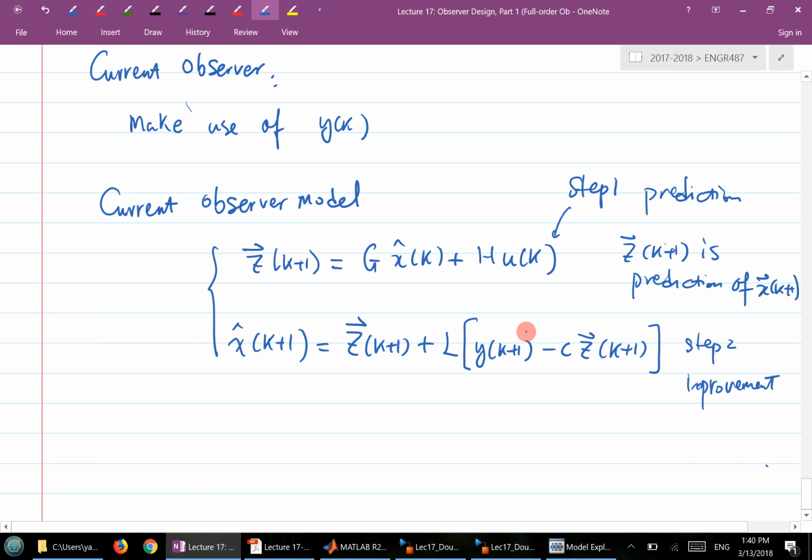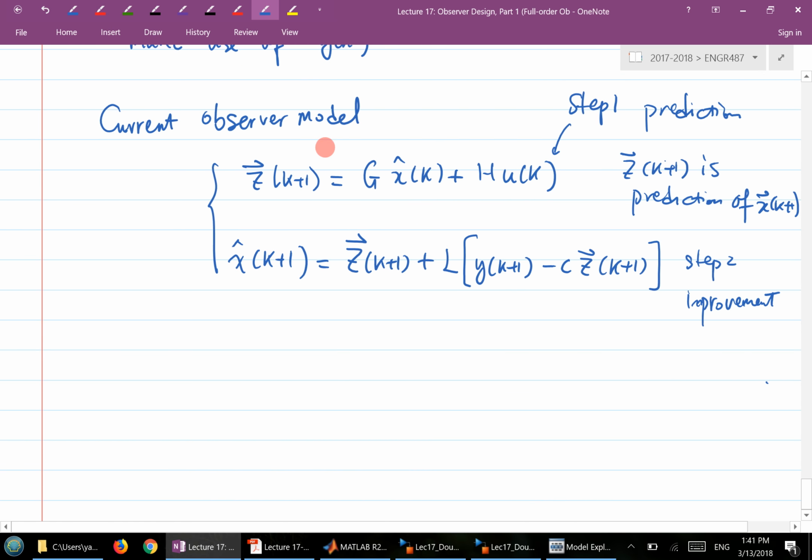Based on this model here, we can do a very similar approach to derive the error dynamics, like the steps that we have just gone through.